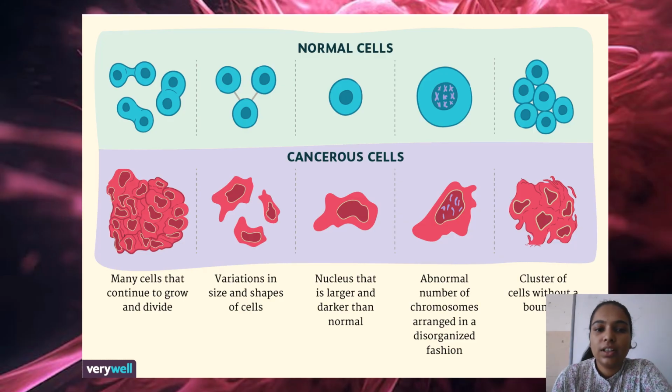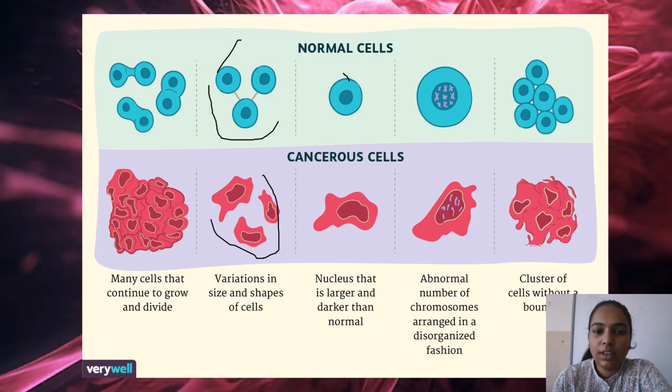So this picture again shows the difference between a normal and a cancer cell. So there is a comparison between the two. Many cells continue to grow and divide. So these are the different types, normal and cancer cells. They continue to grow and they divide. These have variations in their size and their shapes. You can see these are well shaped, whereas these are abnormally shaped.